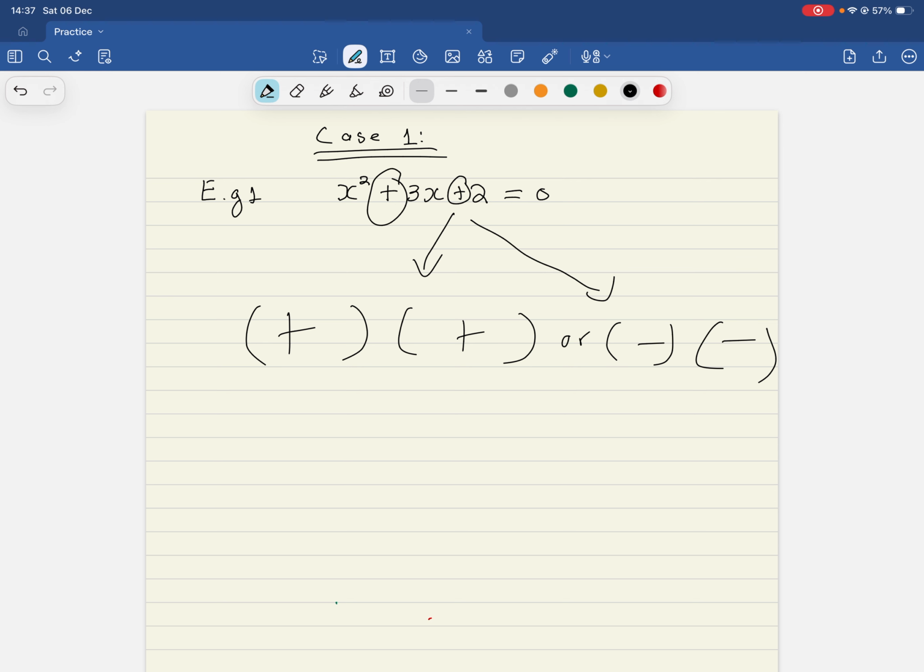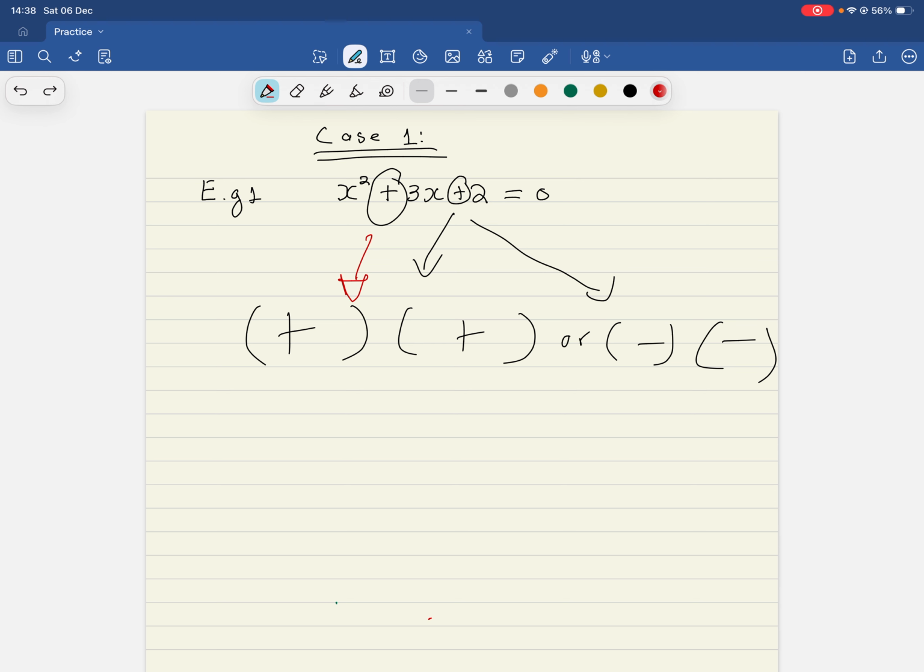This will identify that actually it's this combo. If this was minus, so for example, if this was x squared minus 3x plus 2, this would tell us that the signs would be the same, but that would indicate that our signs would need to be negative. Okay, so let us get cracking with this.